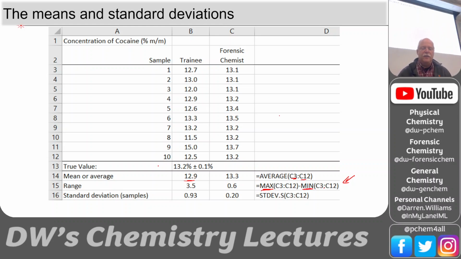Now in Excel, they have the sample and the population standard deviations. In this case, we only have 10 data points, so we're going to use the .S version. STDEV.P is for the population version.